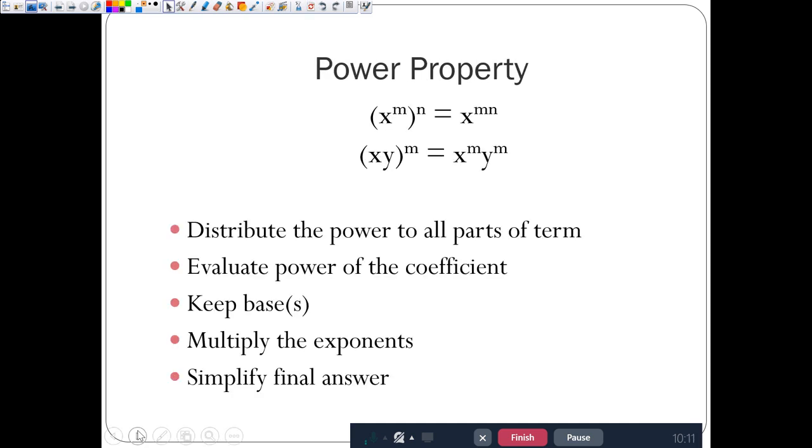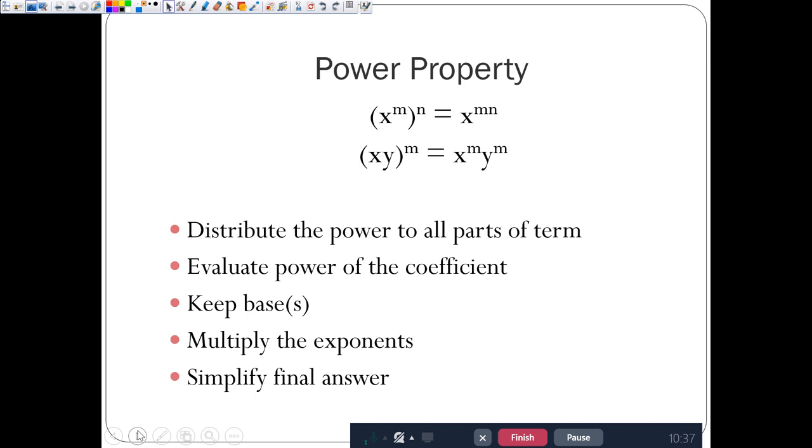Okay, the power property. The power property is basically you're raising a power to another power. And what we do, we multiply them, or we kind of like distribute the power to all the terms on the inside. So the first thing that we have to do is distribute the power to all parts of the term. So if it's inside of a parenthesis, every single thing gets that power.